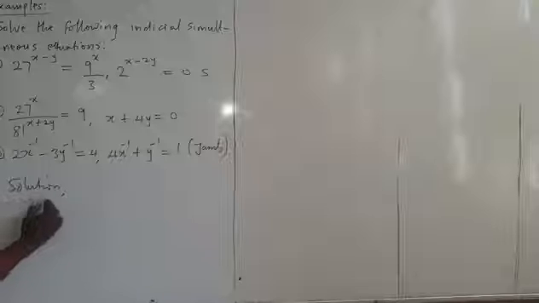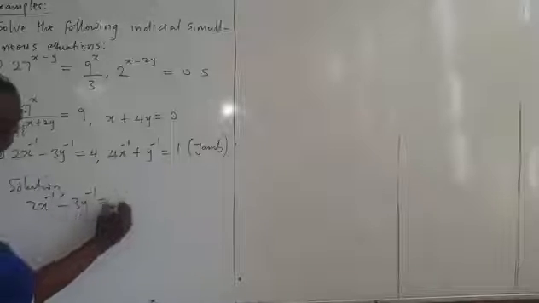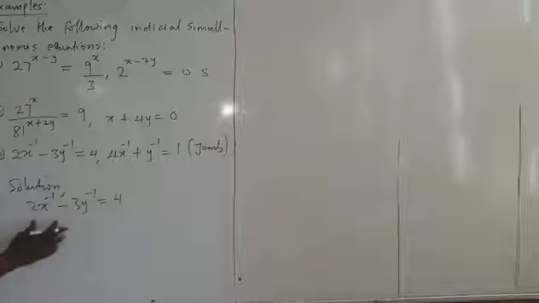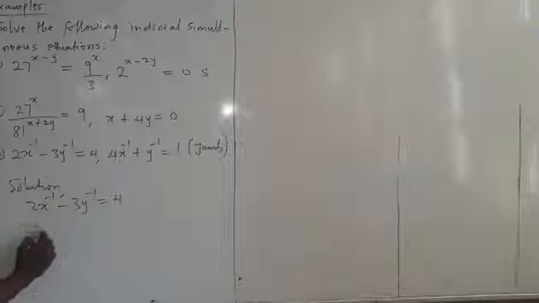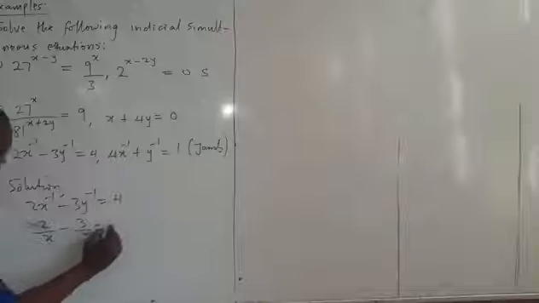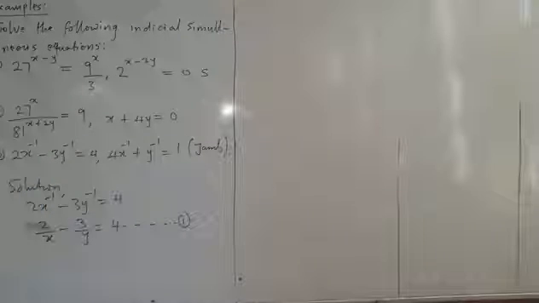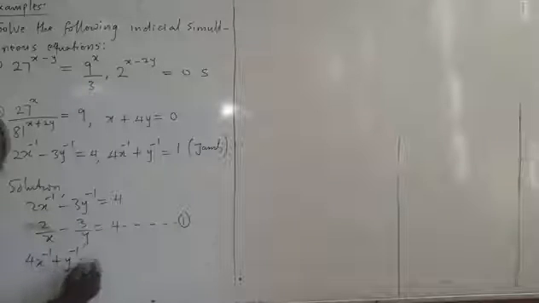So the solution to question 3. 2x inverse minus 3y inverse equals 4. We can express this as: x inverse is 1 over x, so it will be 2 over x minus 3 over y equals 4. We can call this equation 1. Then the second equation is 4x raised to the power minus 1 plus y raised to the power minus 1 equals 1.